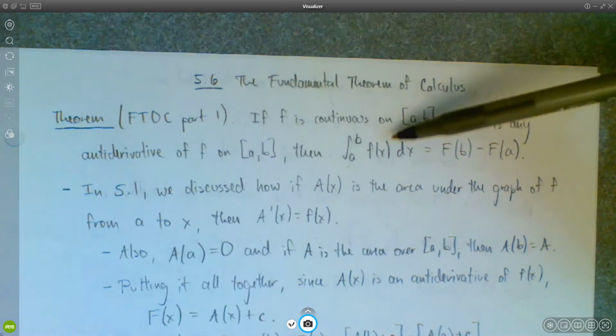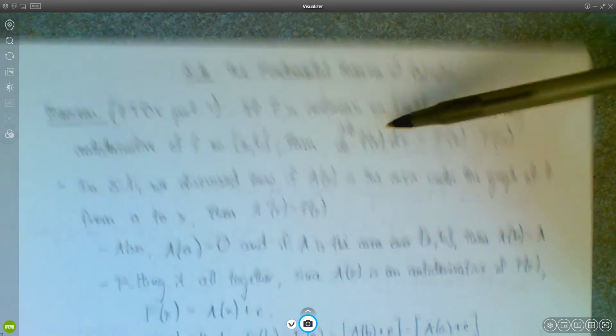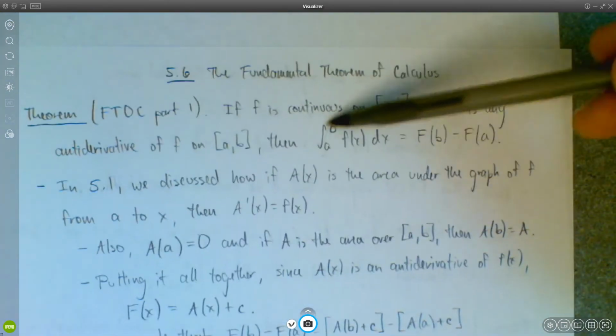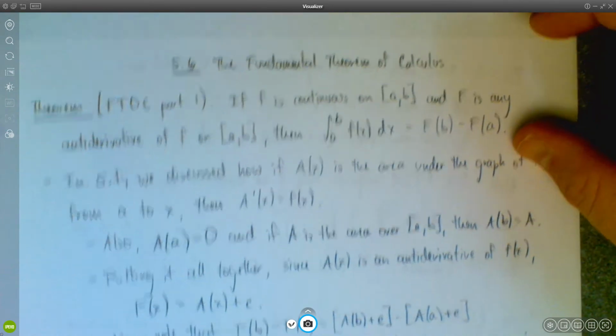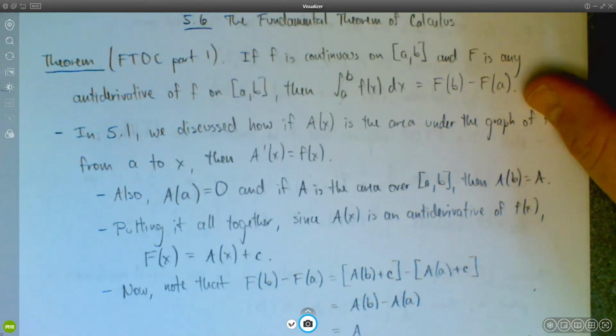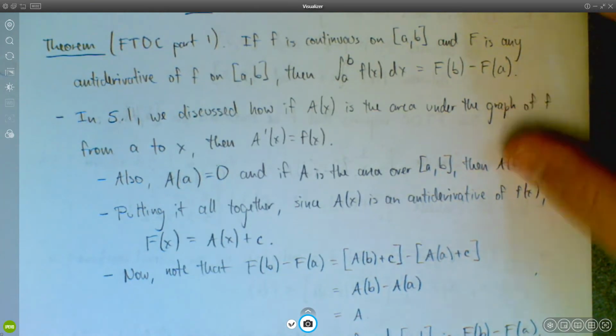Well, that's how we defined the definite integral. So F of b minus F of a is equal to the definite integral from a to b of f of x dx. So that's part one of the fundamental theorem of calculus.